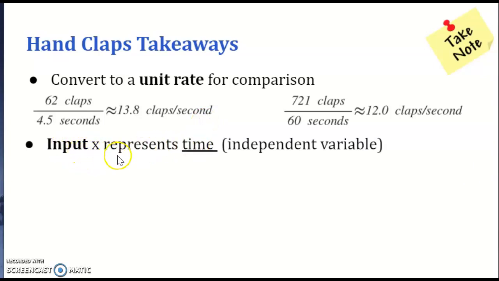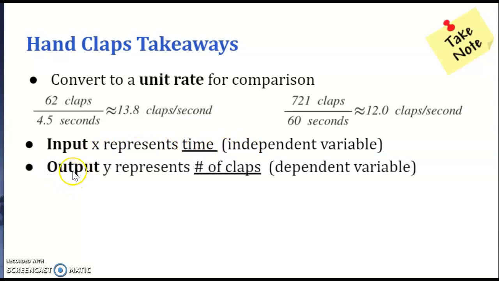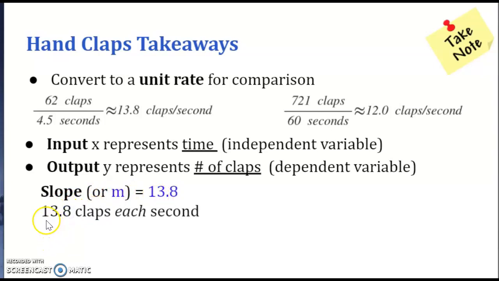Now the input X represents the time. That's the independent variable. That was the X-axis. And the Y-axis was the output, which represents the Y, which was the number of claps. And that's the dependent variable. Now slope of the graph, or M, was 13.8. 13.8 really represents 13.8 claps each second.